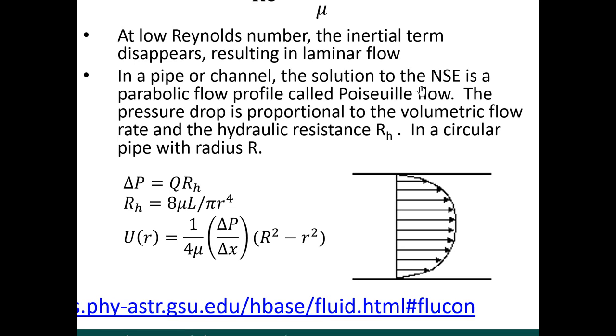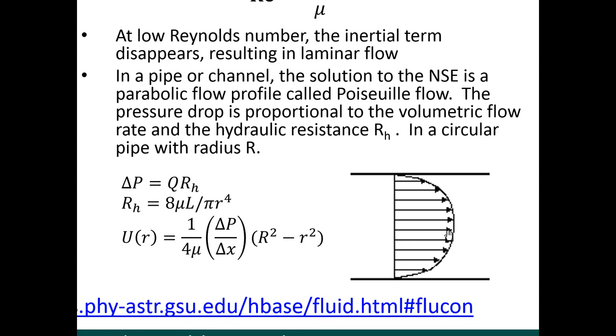All right. If we were to solve that partial differential equation, we would find these relationships. Delta P is equal to Q times R_H. This is an equation that's very similar to Ohm's law, V equals IR: the delta V across a resistor is equal to the current times the resistance.